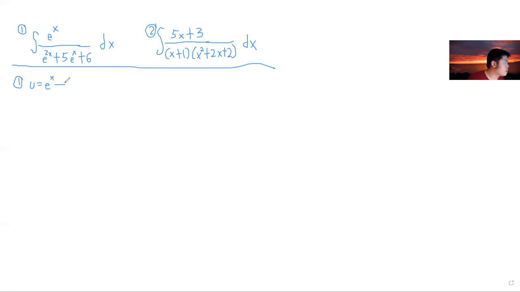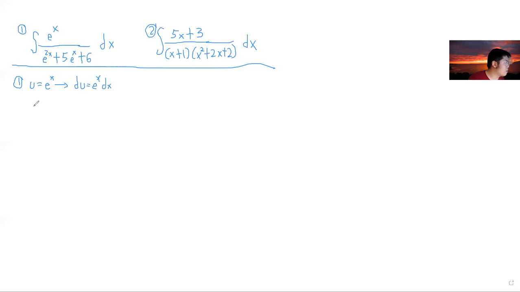And then that obviously means du over dx is e to the x, so du is e to the power of x dx.